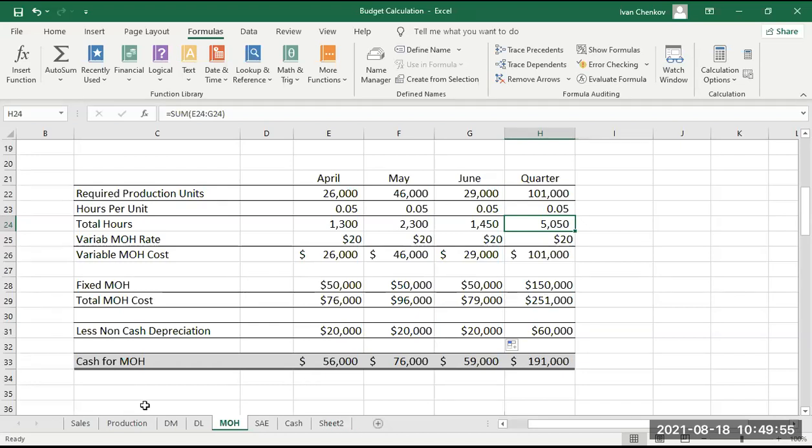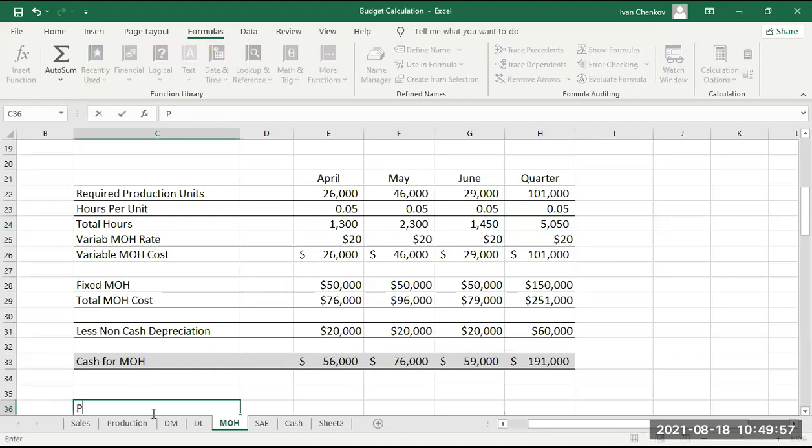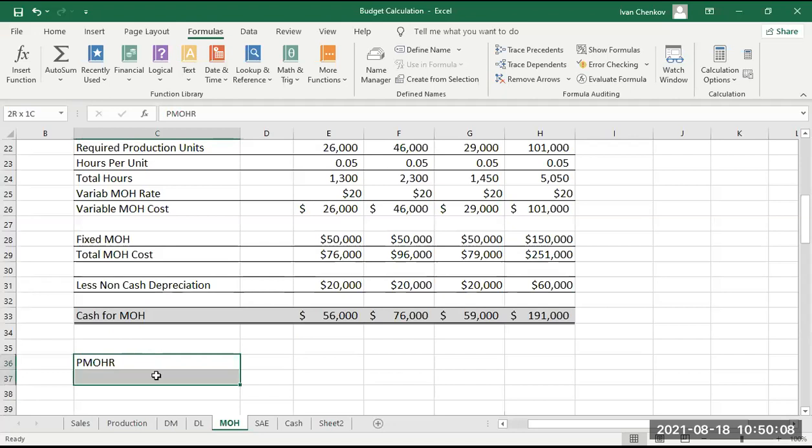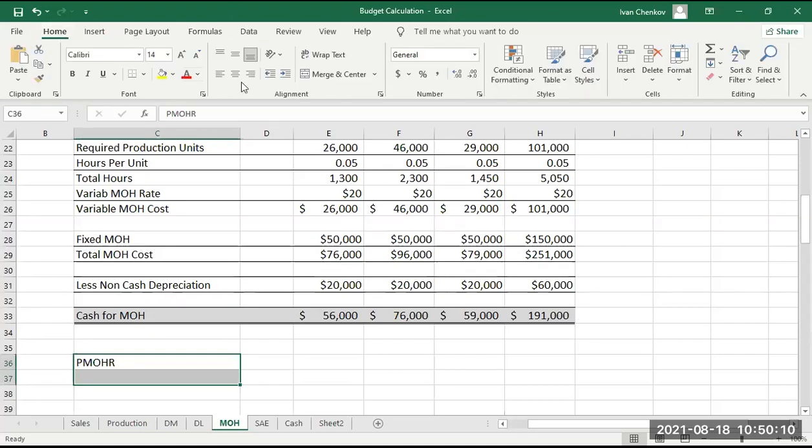What we said about the predetermined manufacturing overhead rate. How are we calculating the predetermined manufacturing overhead rate? What was the calculation? Do you remember or you forgot?